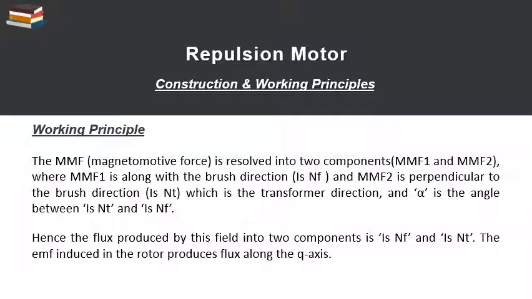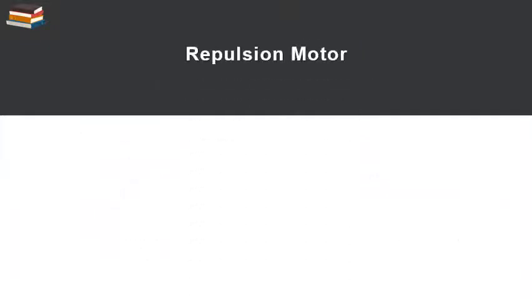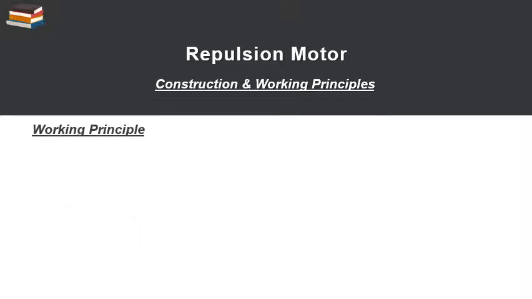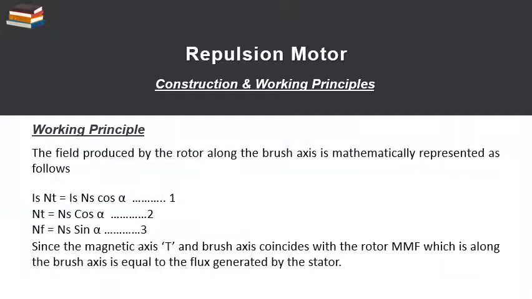Hence, the flux produced by this field has two components, Is into Nf and Is into Nt. So the EMF induced in the rotor produces flux along the Q axis. The field produced by the rotor along the brush axis is mathematically represented as follows.